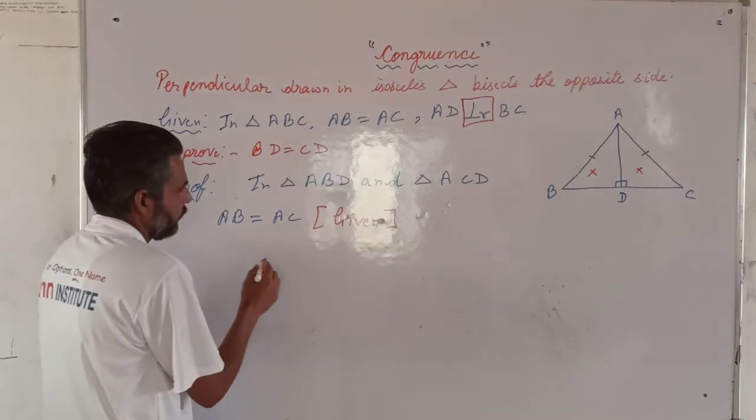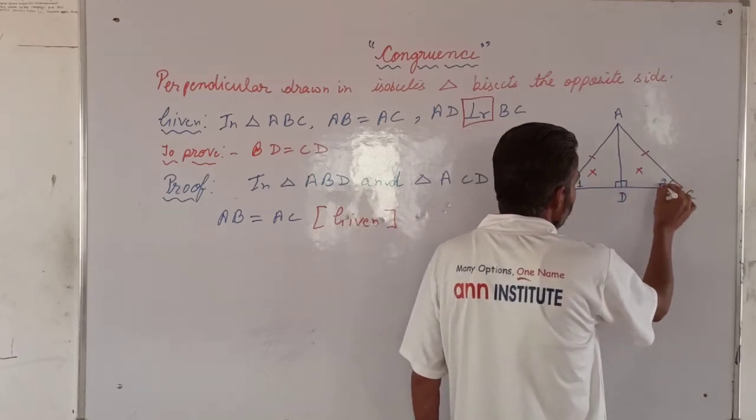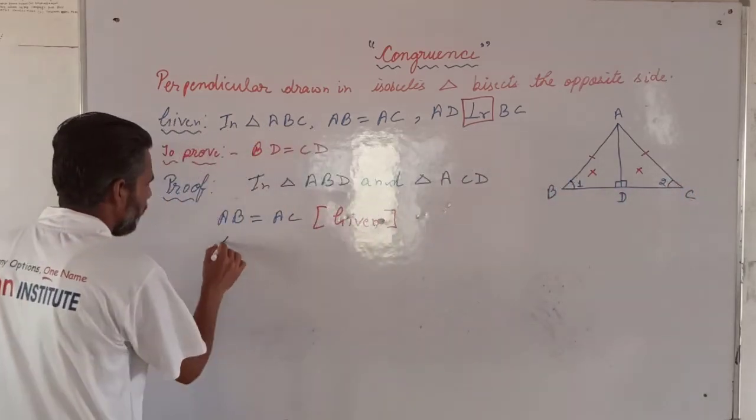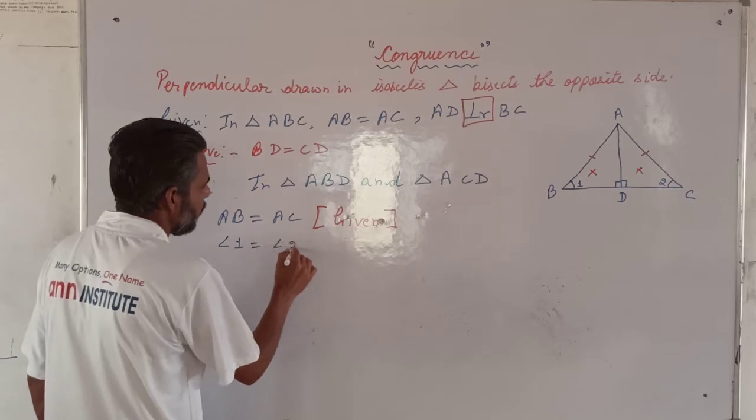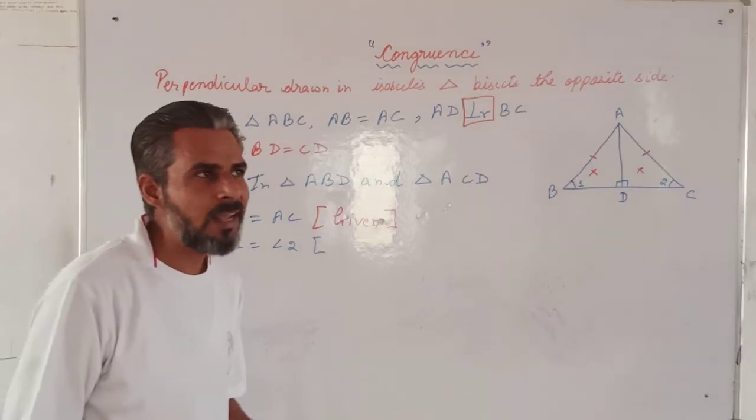Second one is, suppose this is angle 1 and this is angle 2. Angle 1 is equal to angle 2. Why?